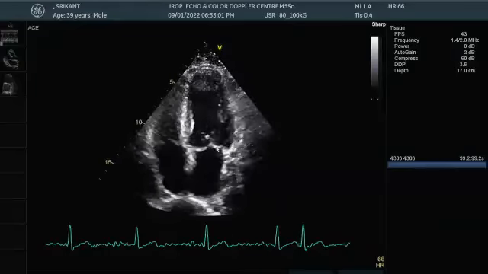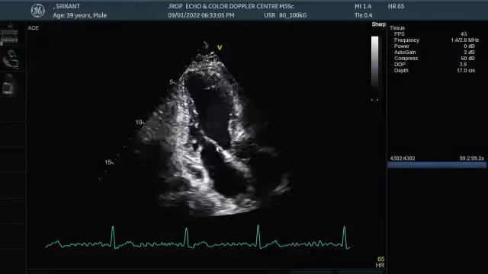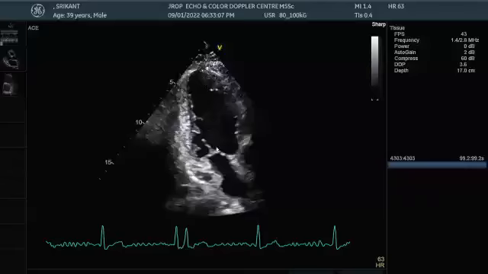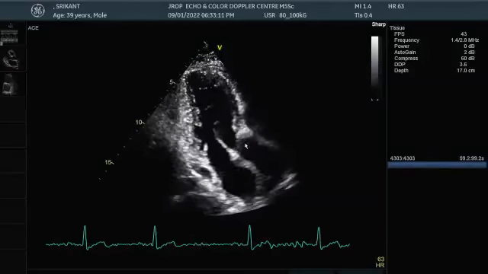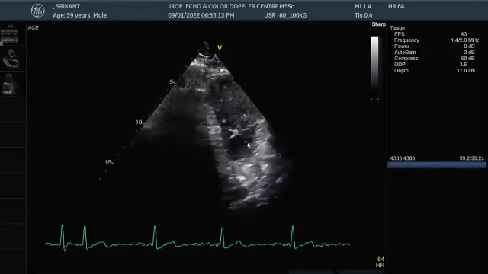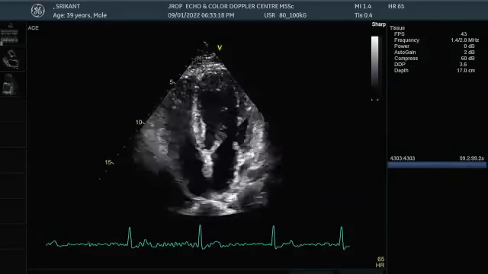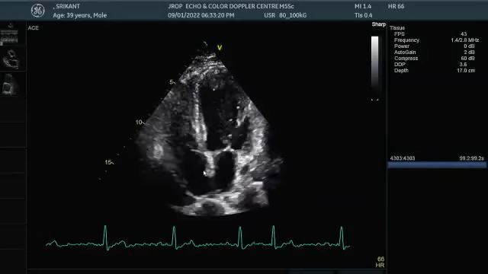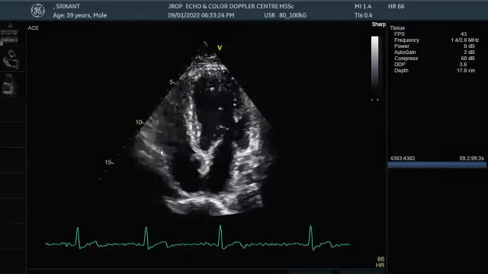For the mitral valve, this is one window, second is this window, third is this window. So you can look at the aortic valve and mitral valve in all 3 windows. But for the aortic valve, we have only the 3-chamber view and 5-chamber view. This is the interatrial septum, this is RA, this is RV, and this is the RV free wall.